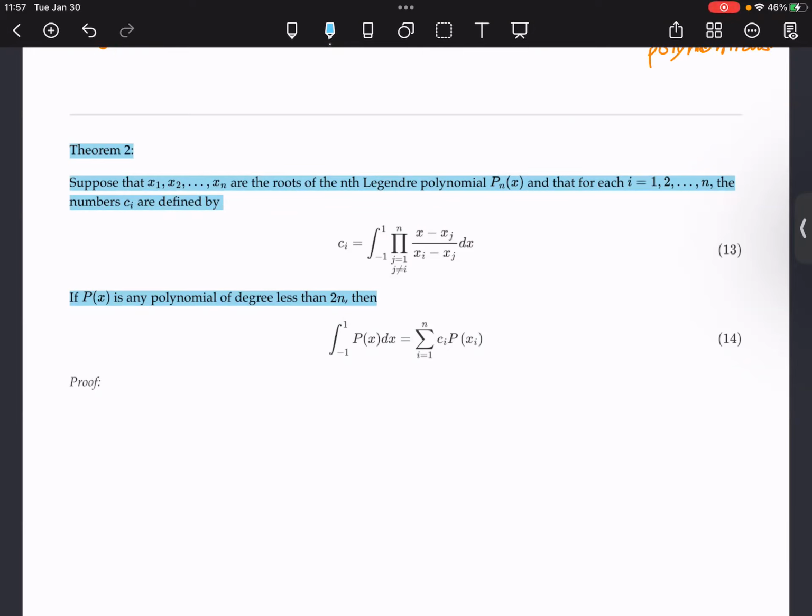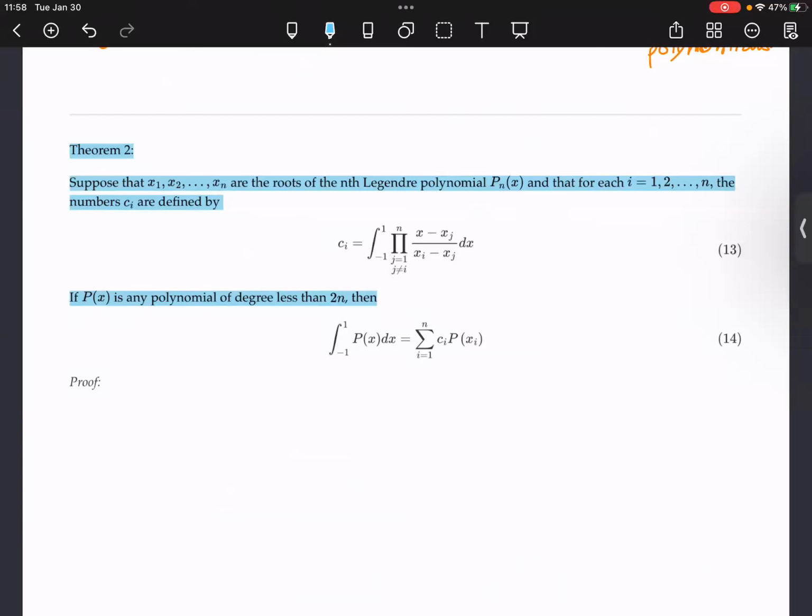So now we know the positions of all the n nodal points. And for the ci in the quadrature rule, it is defined in this way. It's the integral of the basis functions over the interval -1 to 1. We are still talking about integrations over the interval -1 to 1. This is the basic situation.